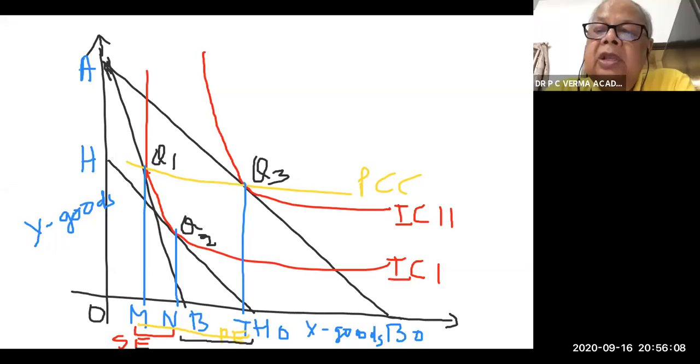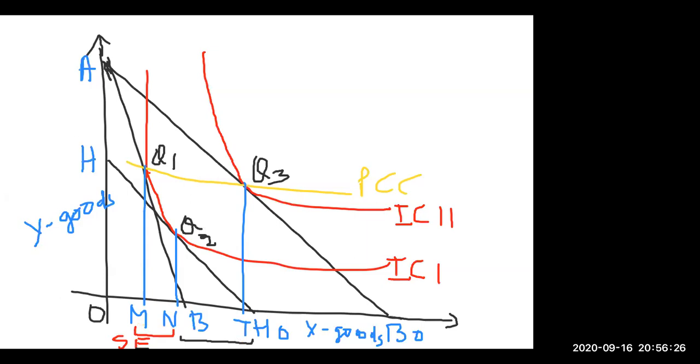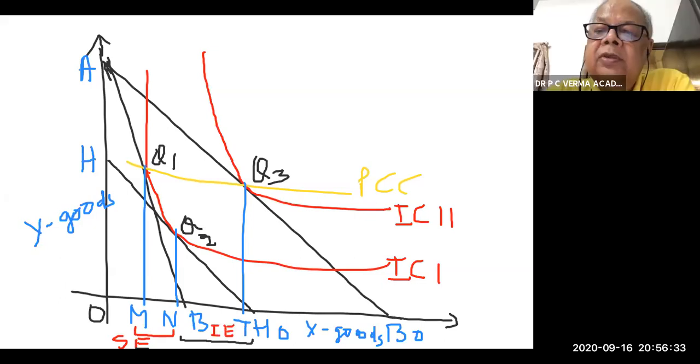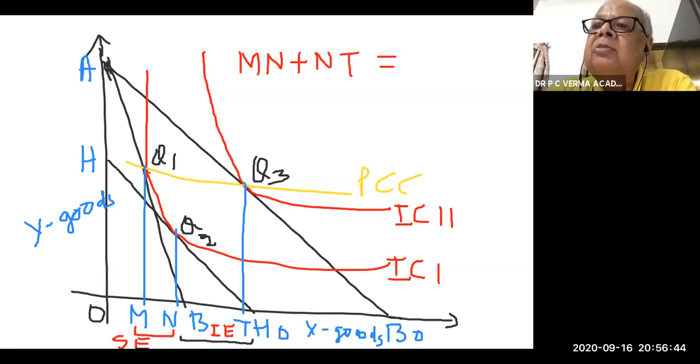Sorry, NT. NT is equal to the income effect. MN plus NT is equal to MT.